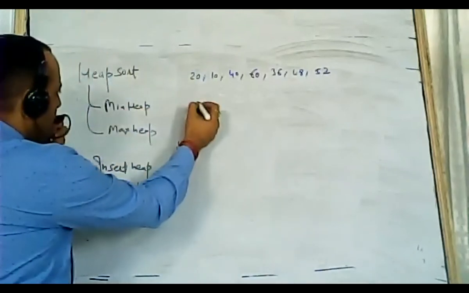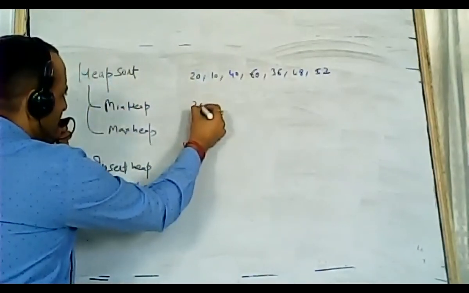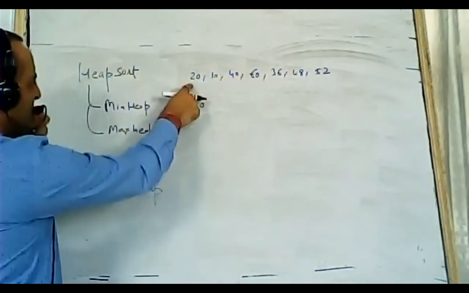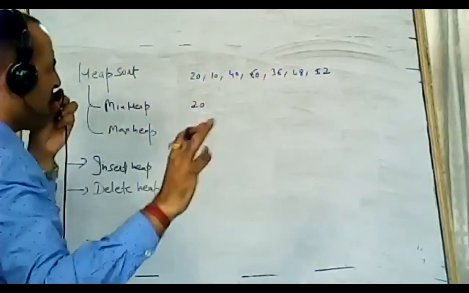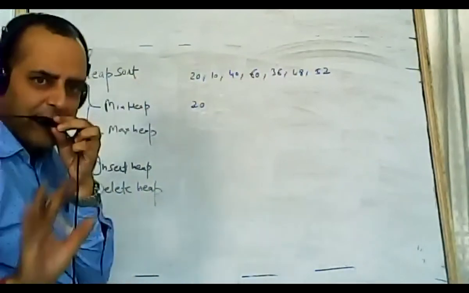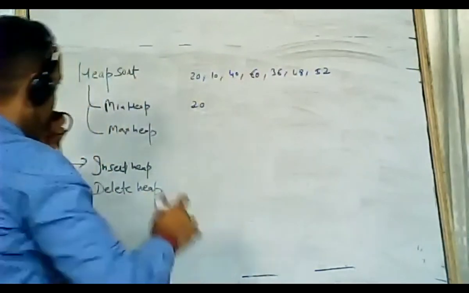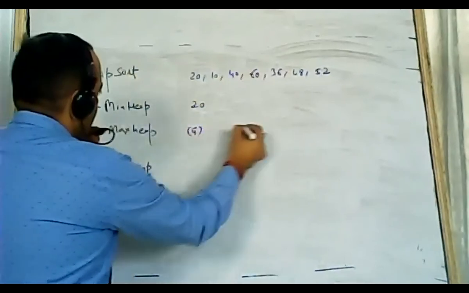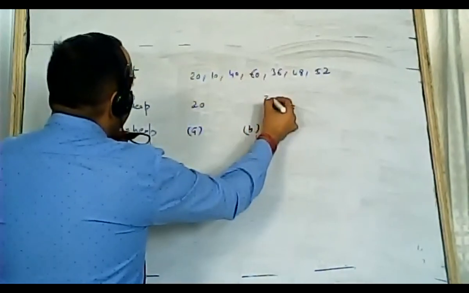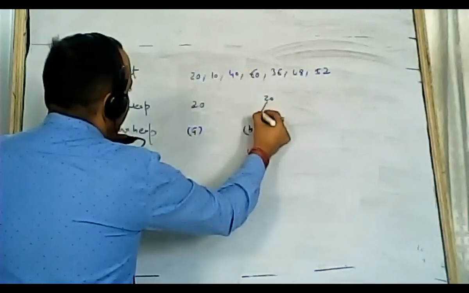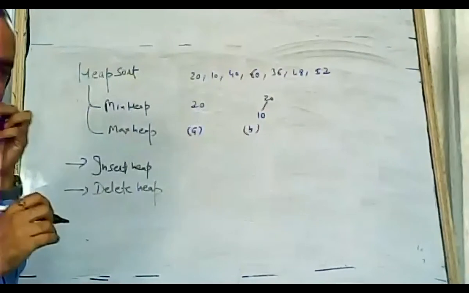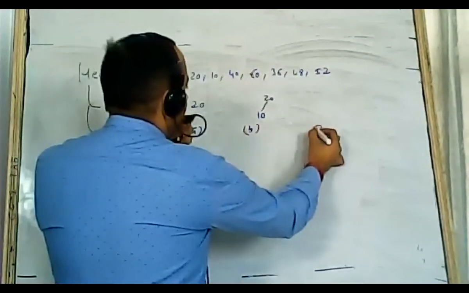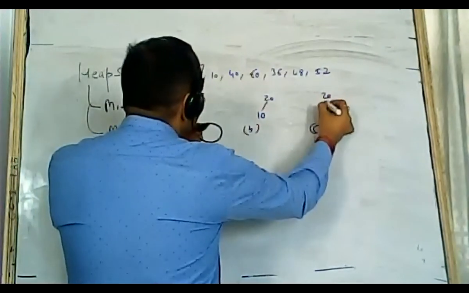Now see, I am going to solve. Step by step I am making the heap. First element is 20. This is step A. Step B: on the left of 20 we put 10. Step C: 20, 10.